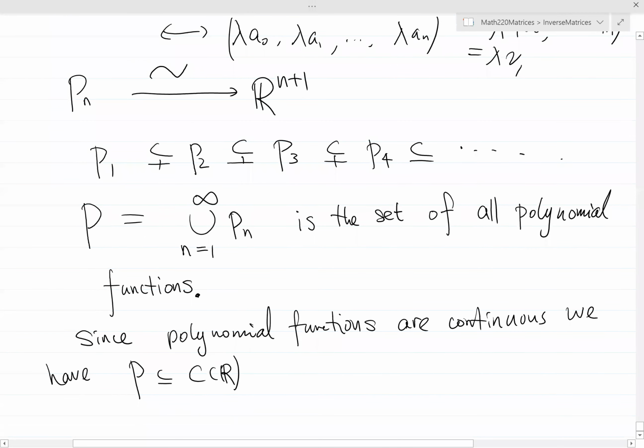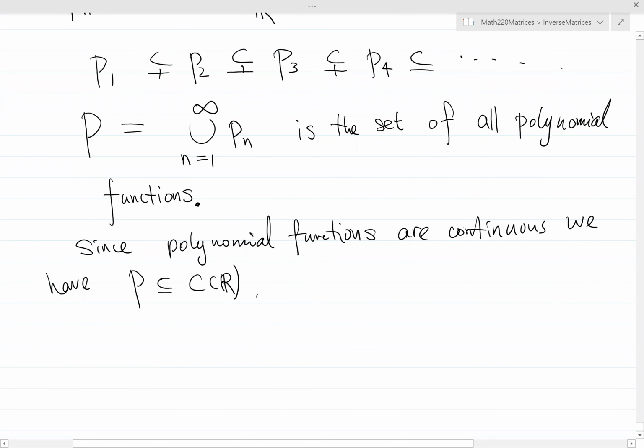This containment is as a set. As vector spaces, they have the same structure, that is, the vector space structure of P can be extended to the vector space structure on C(R). So you see, P is a subspace of C(R).